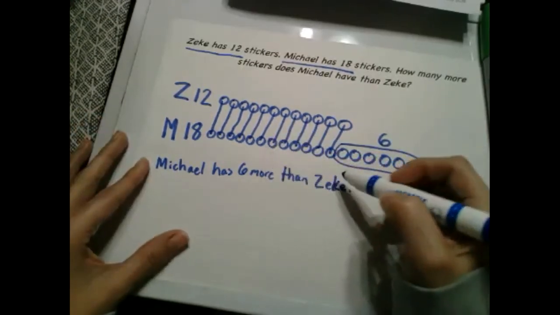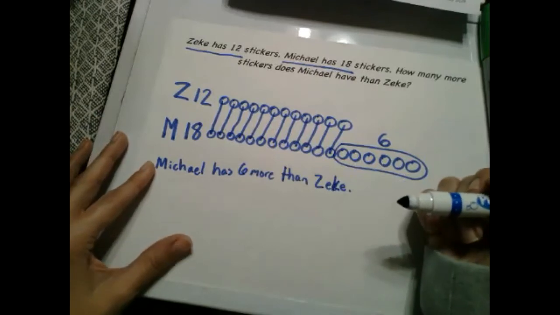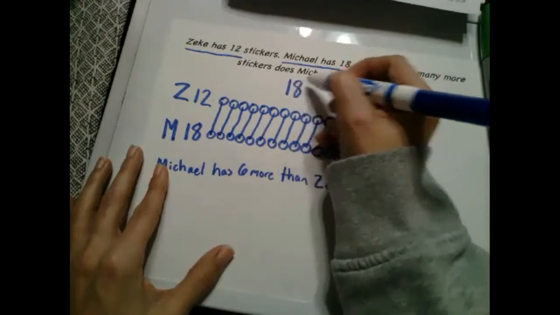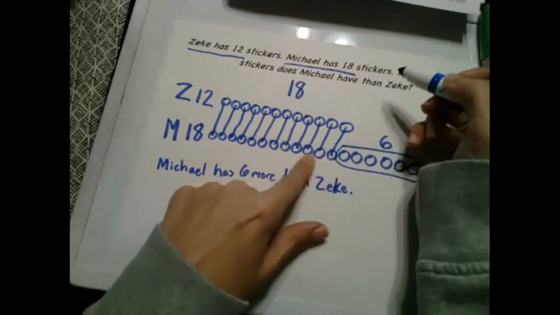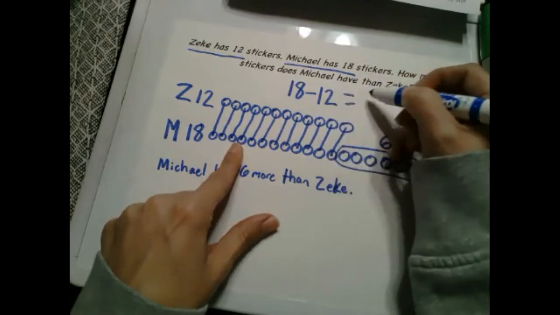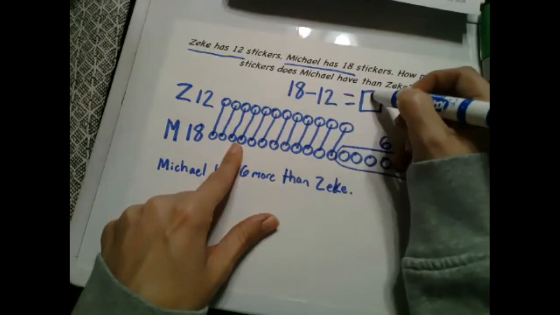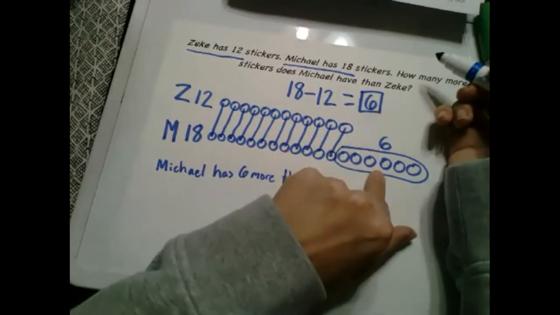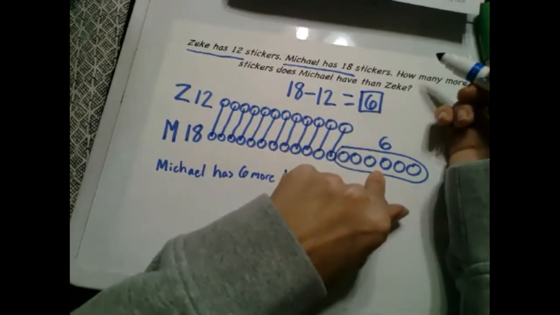So for an equation to match what I did, I could say 18 minus the 12 that I matched equals 6. And I put a box around the 6 because that was the unknown that we found.